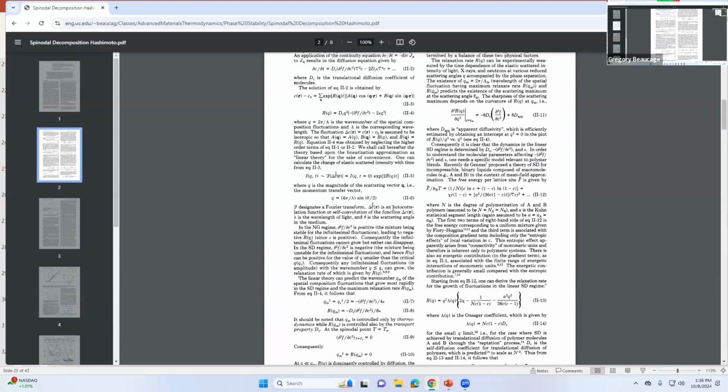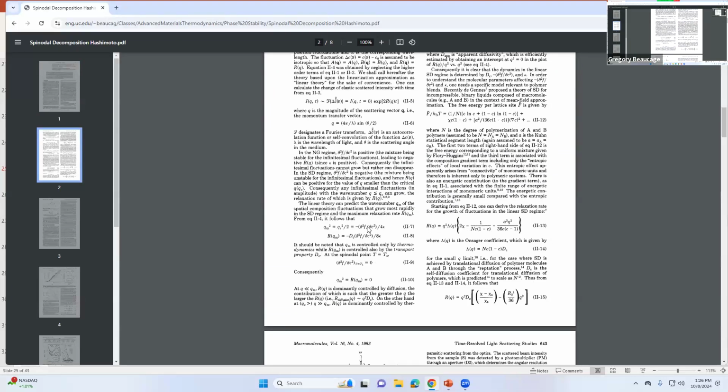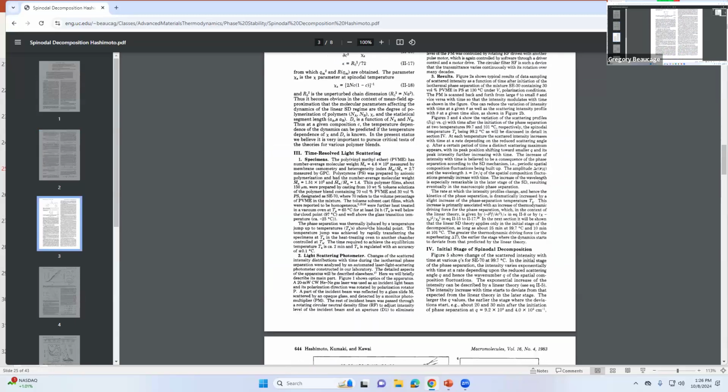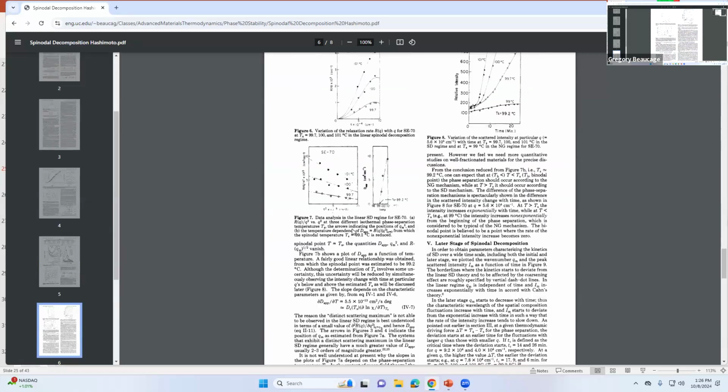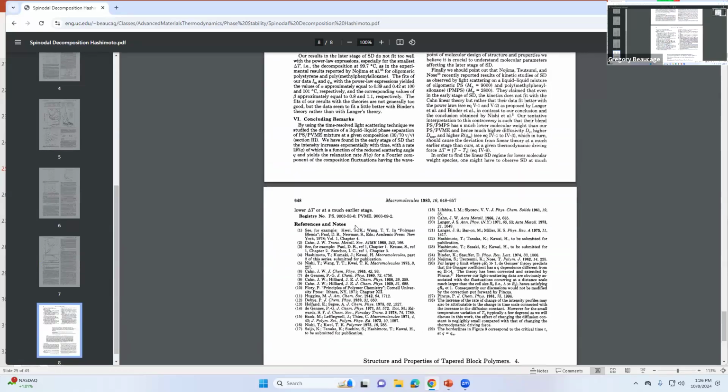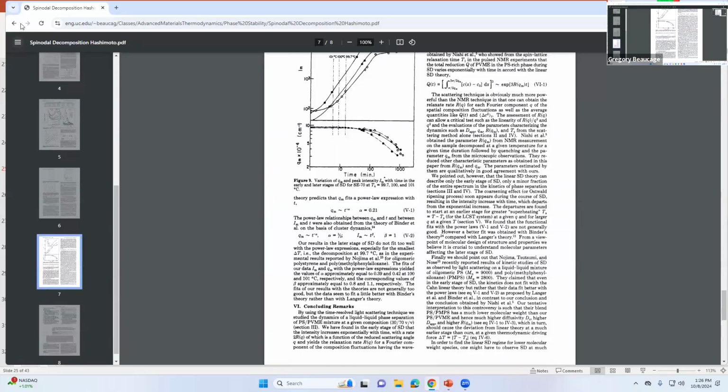I think he pretty much describes everything about it that you need to know. It's difficult. It's not a simple paper, but this is basically all you need to know about it, I think.